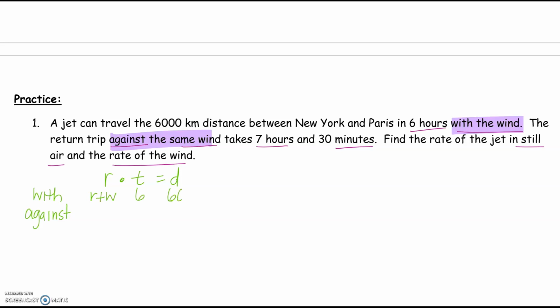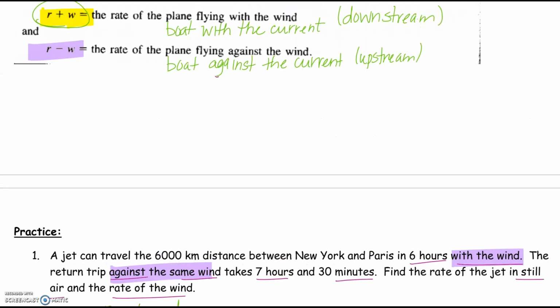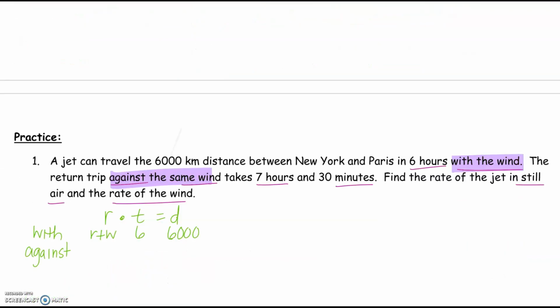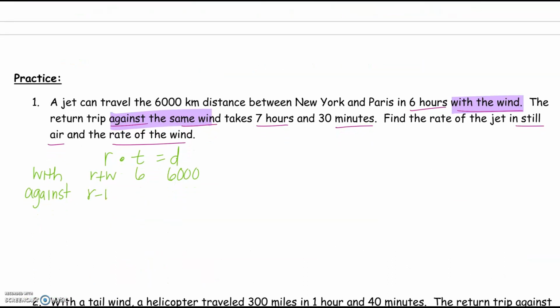What is our distance? 6,000. Against the wind, we learned that that's R minus W. What was our time? 7 hours, 30 minutes, or 7.5 hours. We're going 6,000 kilometers again.